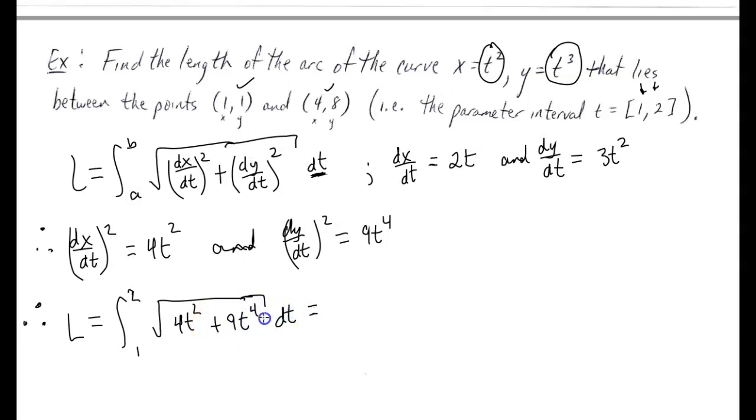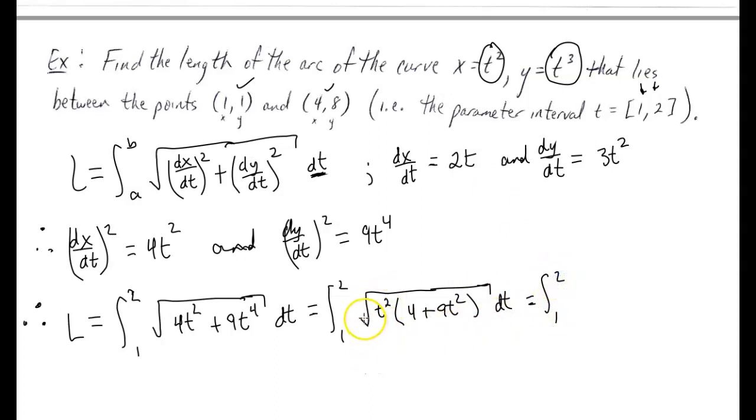Now all we have to do is integrate this. In working here, one of the things we'll see is that we have t squared in common in both terms. So we have t squared times 4 plus 9t squared, dt.